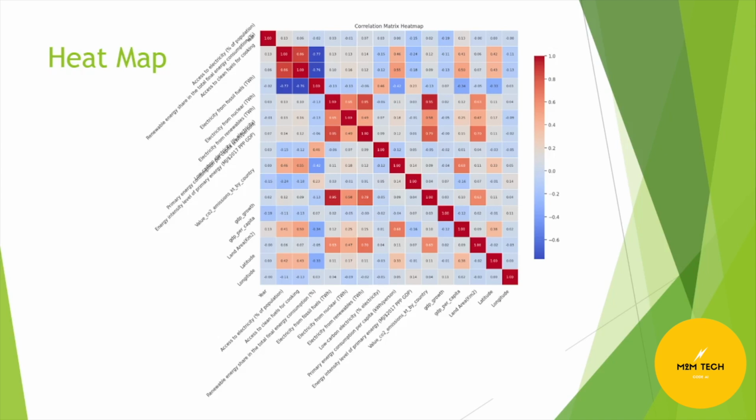And then the third one that I noted was primary energy consumption per capita is highly correlated with electricity from fossil fuels. And I think that indicates that most of the electricity both consumed and generated on this planet is currently coming from fossil fuels.